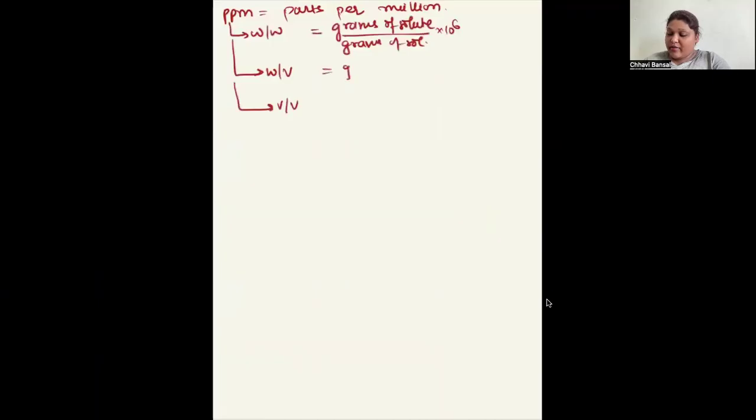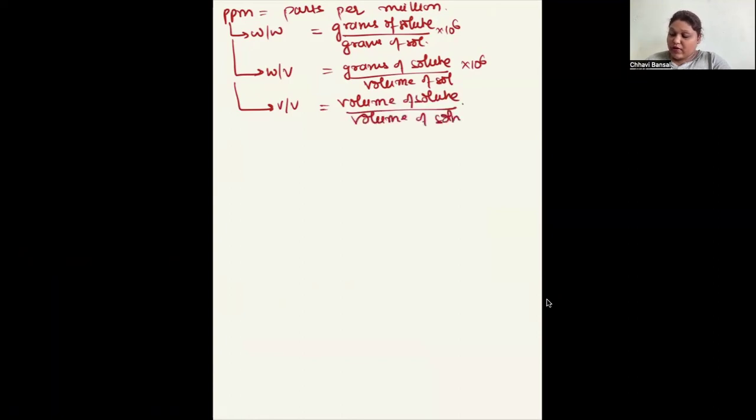Or it can be grams of solute divided by volume of solution into 10 raised to power 6. Or, sorry, volume of solute divided by volume of solution into 10 raised to power 6. This is called parts per million.